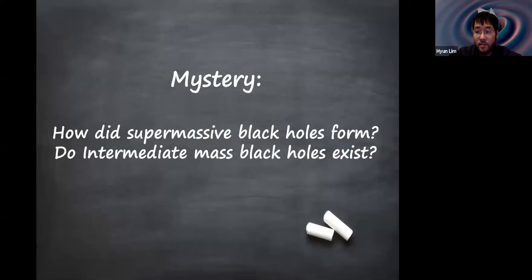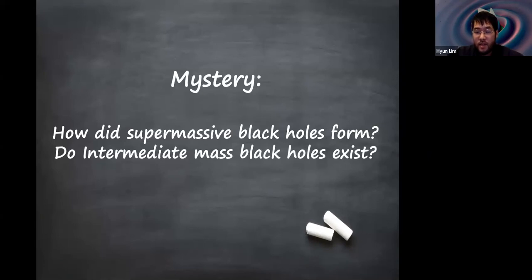So that's the big mystery right now. As I said, we know the existence of supermassive black holes and stellar mass black holes, but we really don't know how supermassive black holes form. And does the intermediate mass black hole exist? The answer now is yes. But again, we only have one data point, and there is a wider range of masses.